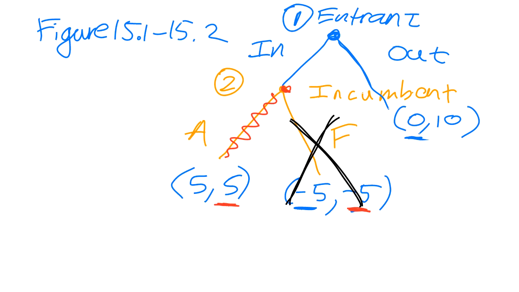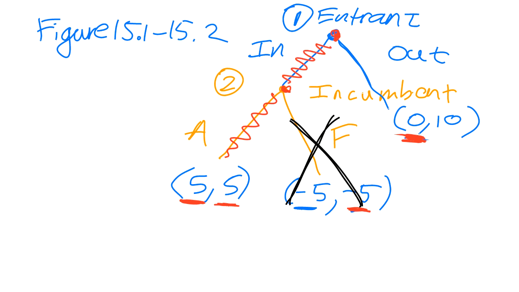And now, working backward, we look at the entrant, because the entrant is the next decision. They have to decide whether to go in or out. Now they are comparing the 0 to the 5. And 5 is higher, which means that they'll decide to go in.